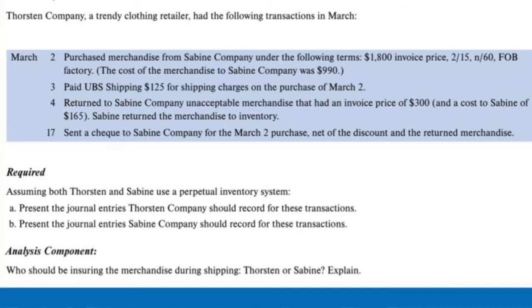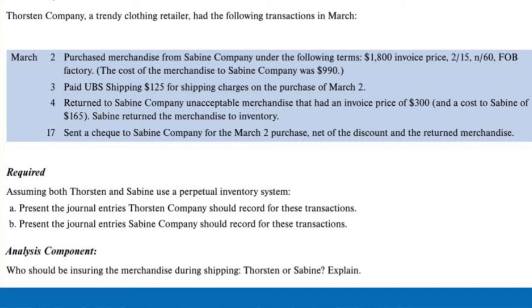Let's take a look at a sample demonstration problem here. Thorson Company, a trendy clothing retailer, has the following transactions in March. They purchased merchandise from Sabine Company under the following terms: $1,800 invoice price, 2/15 net 60 terms, free on board factory.